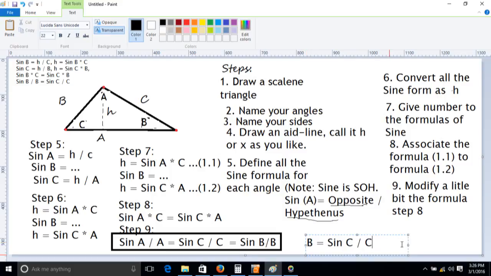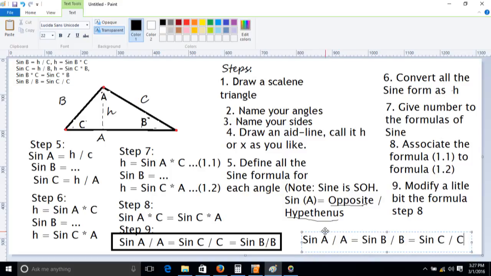We just need to reorder: sine B over b goes to the left of the equal sign and sine C over c goes to the right side of the equal sign.